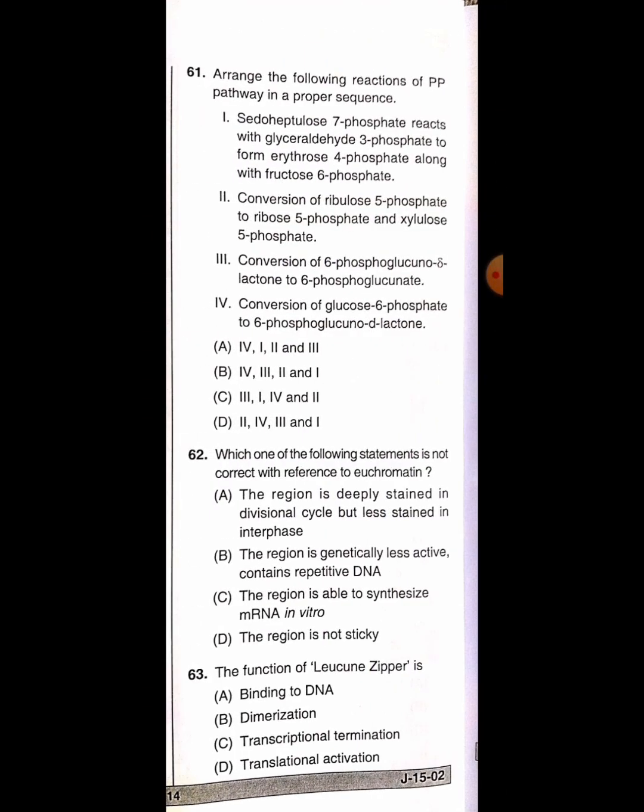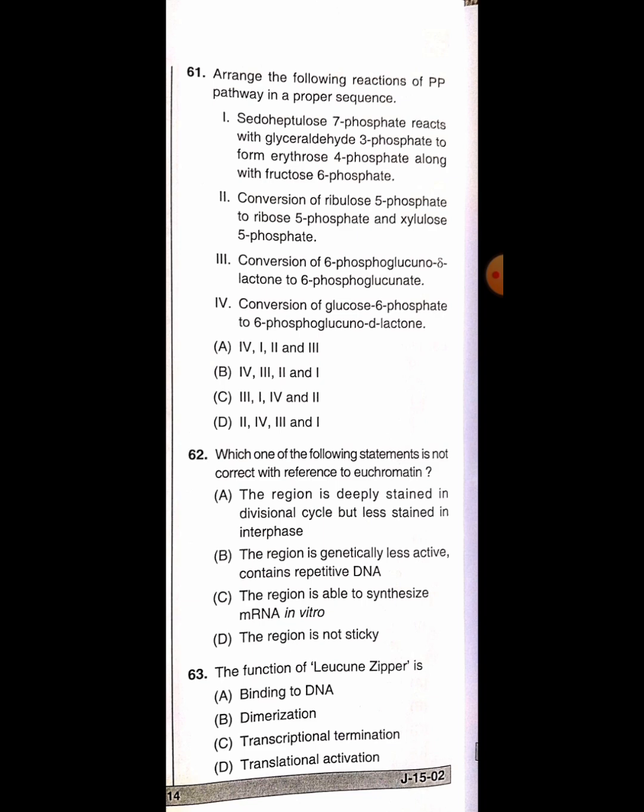Arrange the following reactions of the pentose phosphate pathway in a proper sequence. Sedoheptulose 7-phosphate reacts with glyceraldehyde 3-phosphate to form erythrose 4-phosphate along with fructose 6-phosphate. Conversion of ribulose 5-phosphate to ribose 5-phosphate and xylulose 5-phosphate.